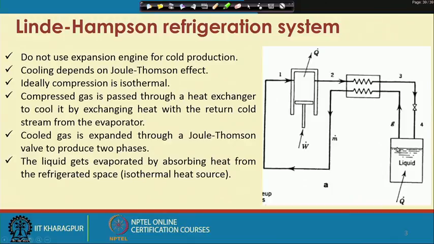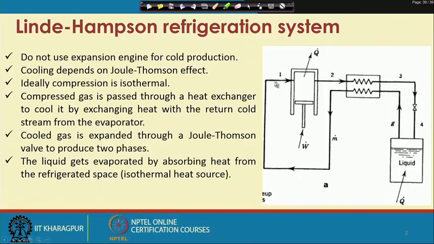Now after this liquid is vaporized, this vapor represented by this state G is taken back through this heat exchanger, as I said earlier. They exchange heat, and this stream, by exchanging heat with this hotter stream, is ideally able to attain the same temperature as the inlet temperature at the compressor.